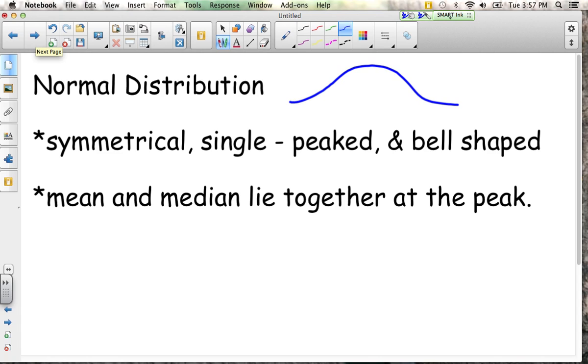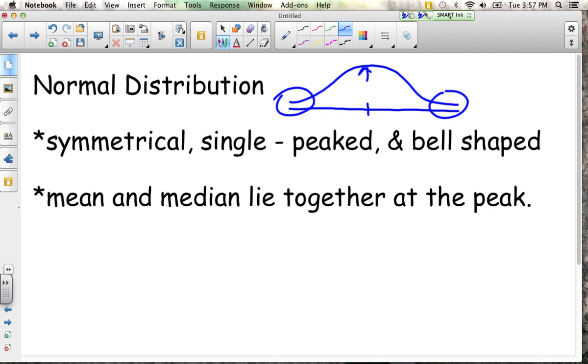I'm going to put a bar underneath, my number line where we show the standard deviations. Notice it doesn't touch. It'll get close, but it doesn't touch. It'll tail off like it's doing.